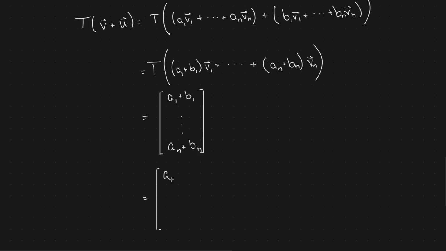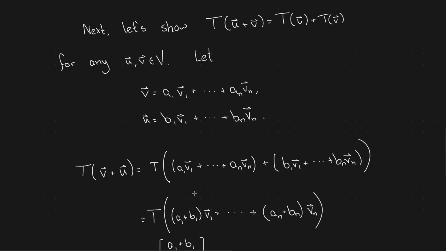But now I can break these up into two vectors, since this is just a traditional Rn vector space now. So this is vector a1 to an plus vector b1 to bn. And a1 to an, that's just the coefficients of the linear combination of the basis vectors that gives me v. b1 to bn is the coefficients of the linear combination equation that gives me u.